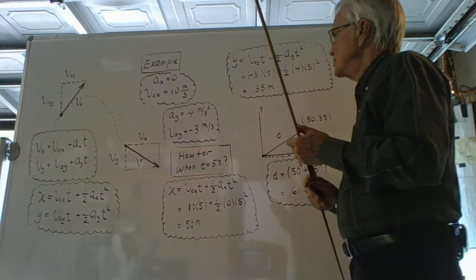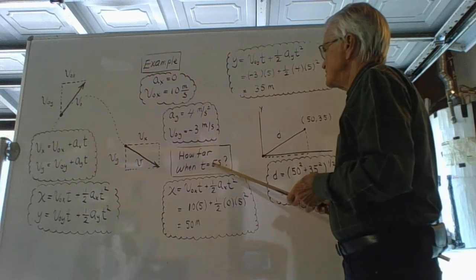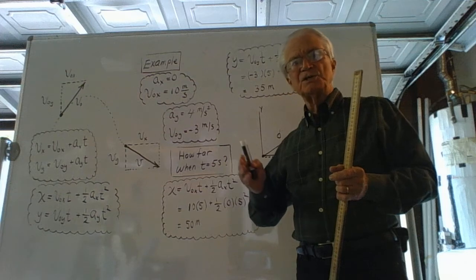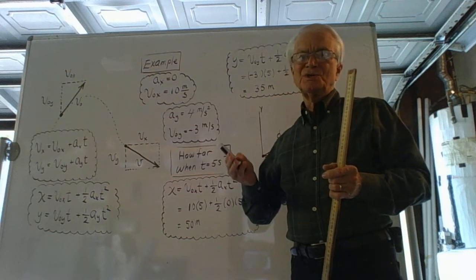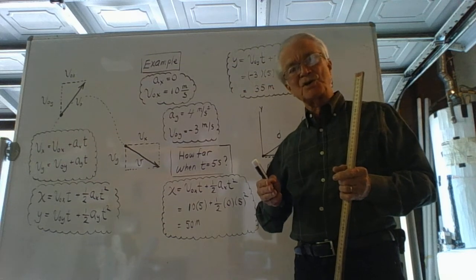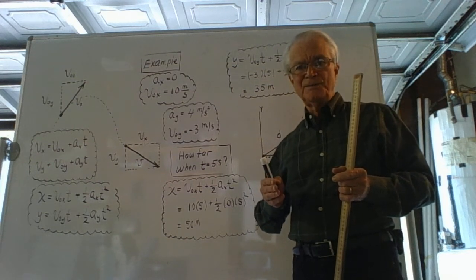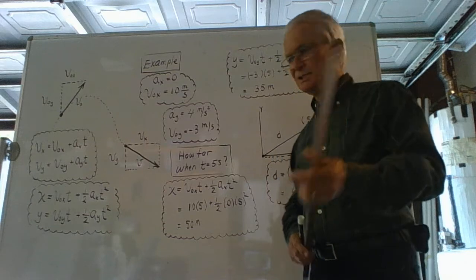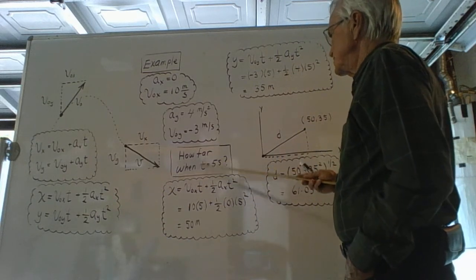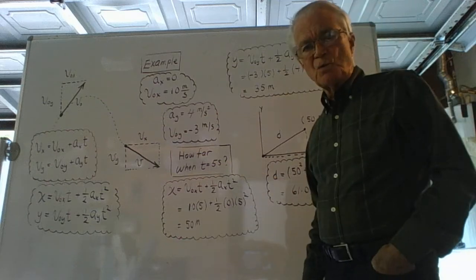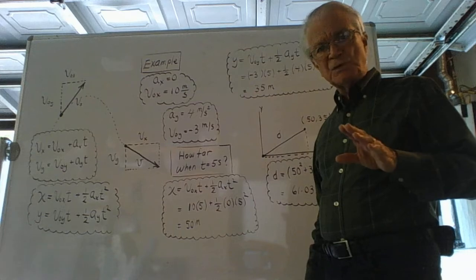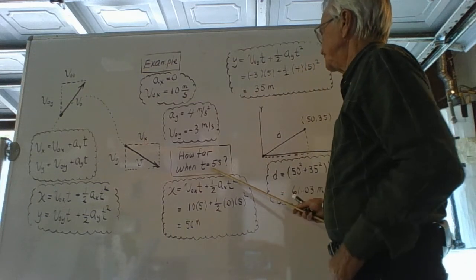What we want to know is, after 5 seconds have gone by, how far is the object from its initial location, which I've already said is at 0, 0, at the origin of our xy coordinate axes. Well, we'll find the answer to this question by finding the separate x and y coordinates of the object when t equals 5 seconds.